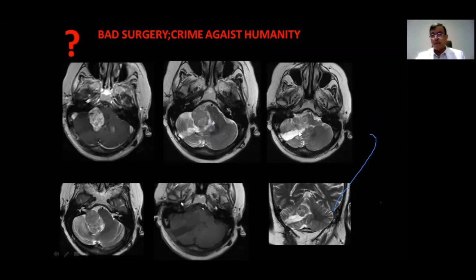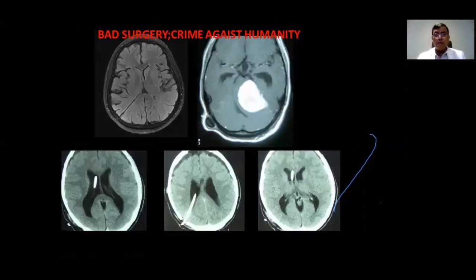No. He just damaged the cerebellum, caused the patient facial nerve and hearing loss, and the tumor is the same. This is a crime against humanity. These people should be stopped. We should have the courage to point a finger at them and say, stop it, because this is a crime against humanity.